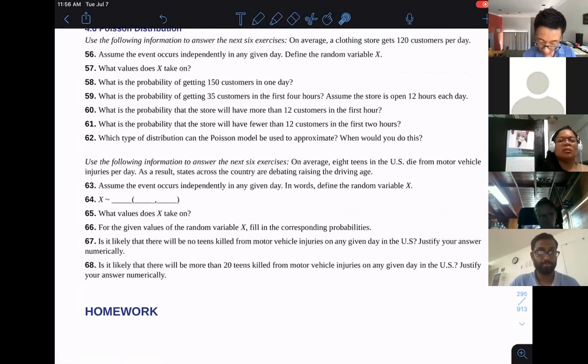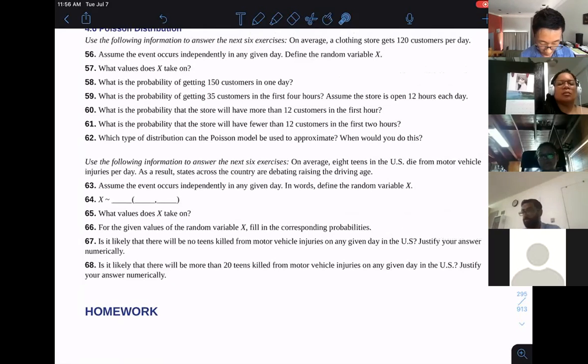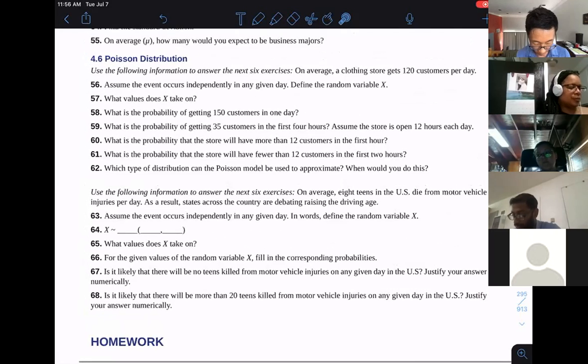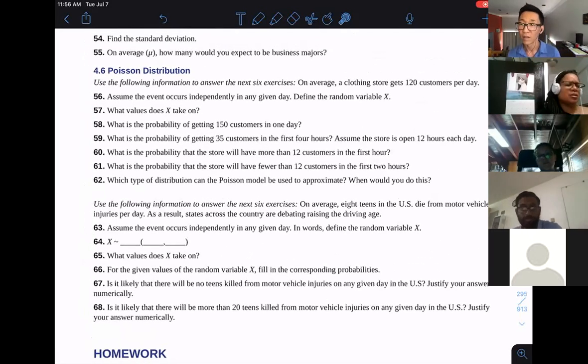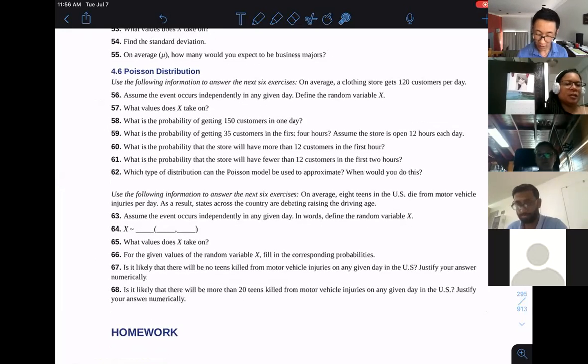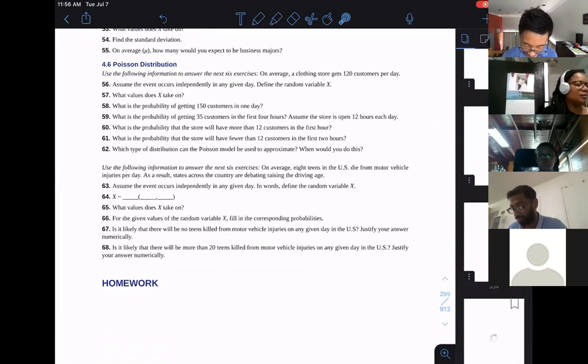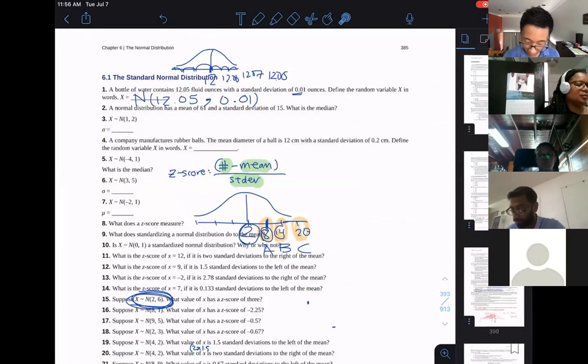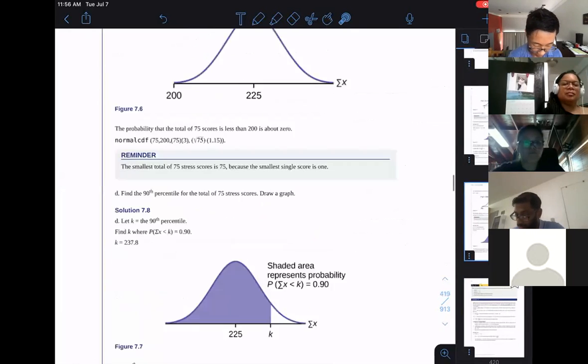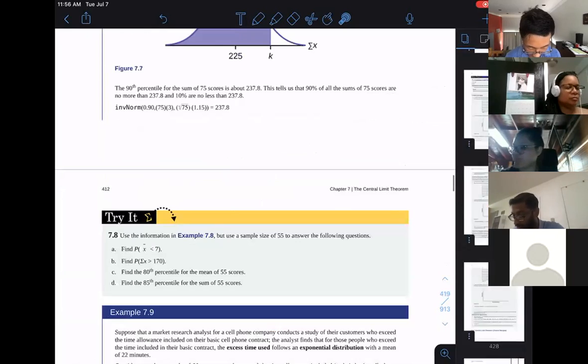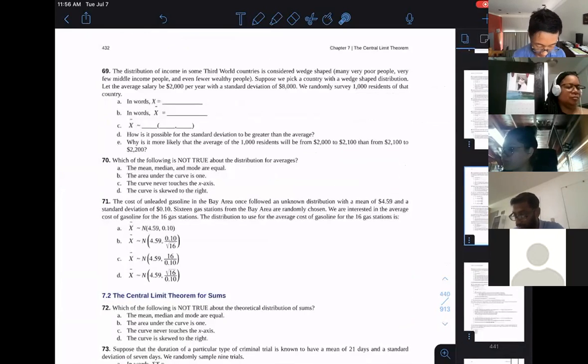On average, 18 die from motor vehicle injury per day. Wait, that's not the same question. Did I assign this? This is from the book. Are you in the book? Is it chapter 4 or 5? Chapter 7. Oh my gosh. Yeah, you said that. Oh, that's okay. That's our future.